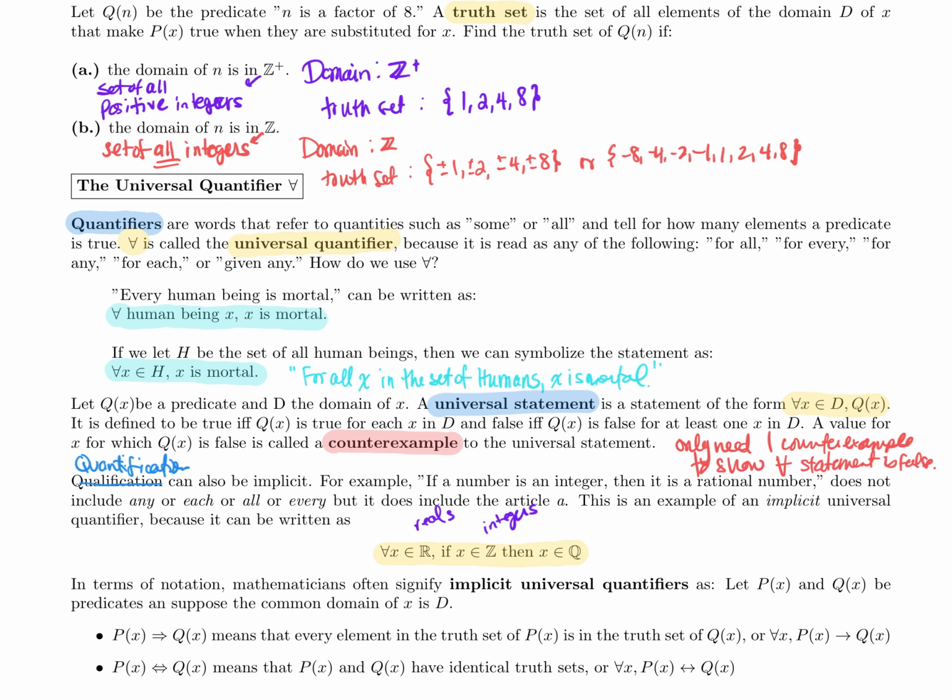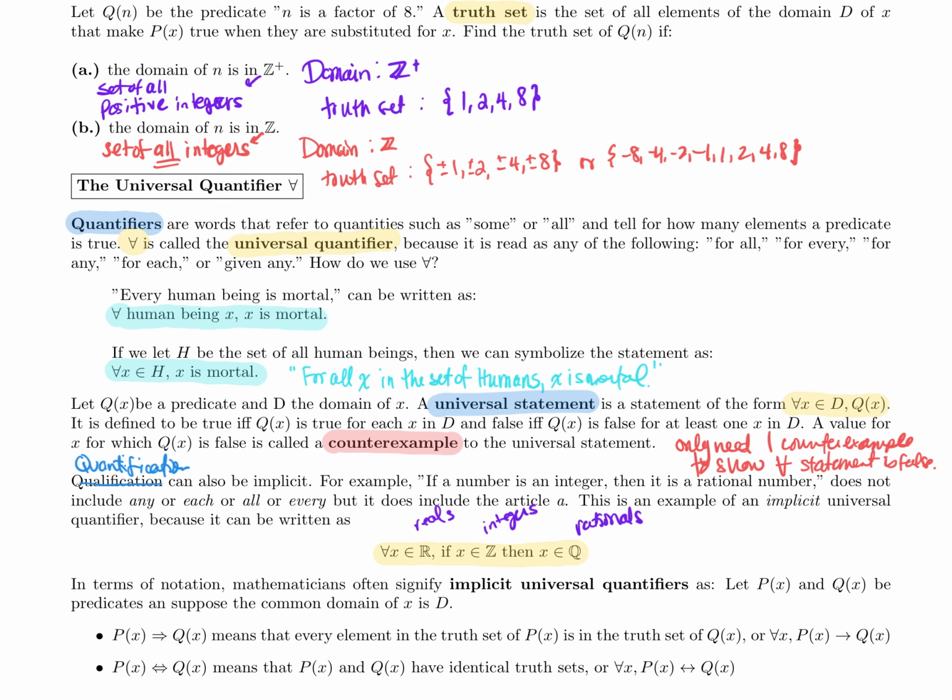We have reals, we have integers, and we have rationals. Remember, rationals are quotients of integers. And so if we look at our domain, it says for every real valued x, if it is an integer, then it is also rational. That's what this same statement is saying with all these symbols.